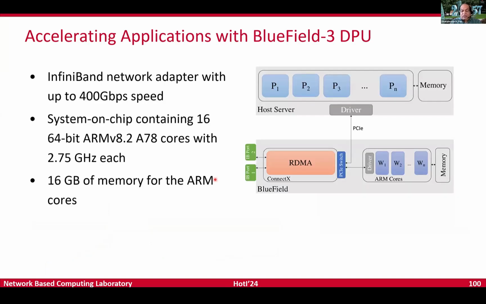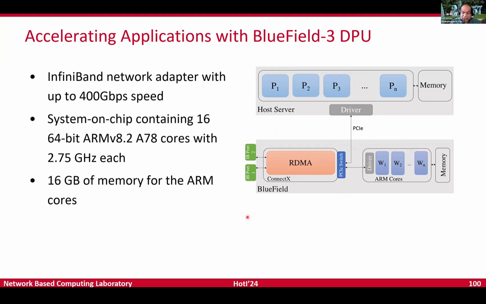Now let's take a look at the architecture. This is the BlueField-3 DPU architecture. You remember I introduced this executive assistant paradigm. At that time we were just talking about one CPU core and one NIC. But in a real system, let's say this is our server, there might be 128 cores. Then this is an InfiniBand BlueField adapter.